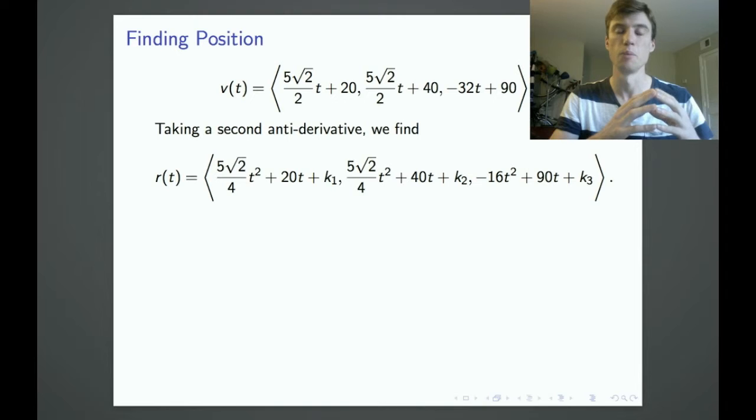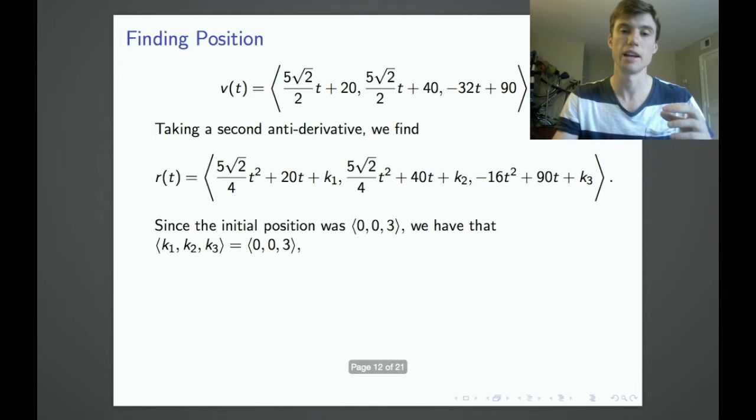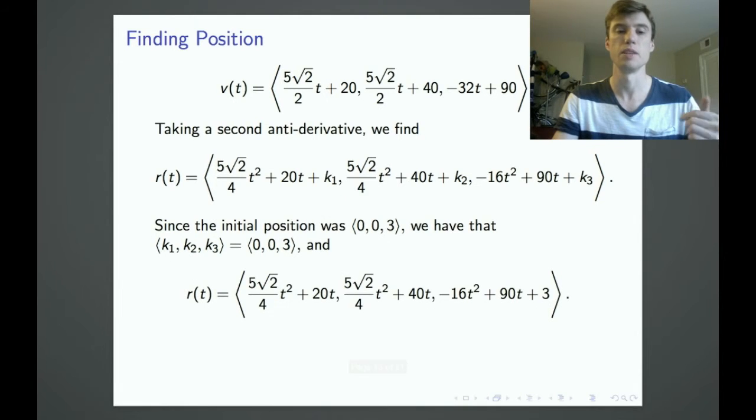Now, we evaluate r at 0 and set this function equal to 0, 0, 3, and we find that k1, k2, k3 is equal to 0, 0, 3. So our position function is equal to the following.